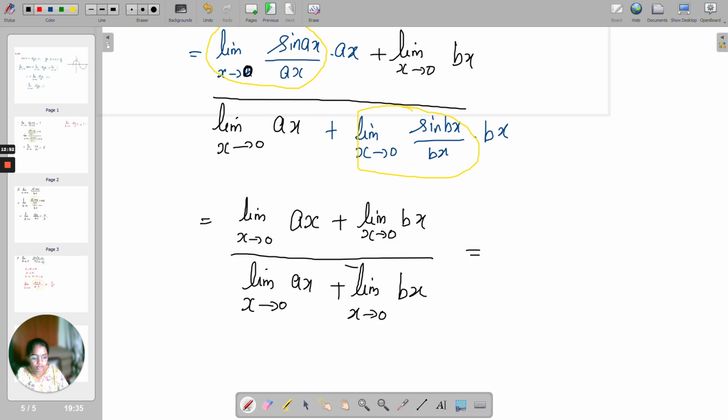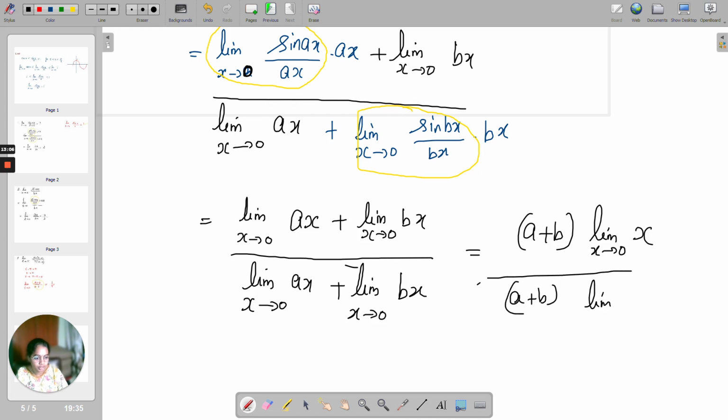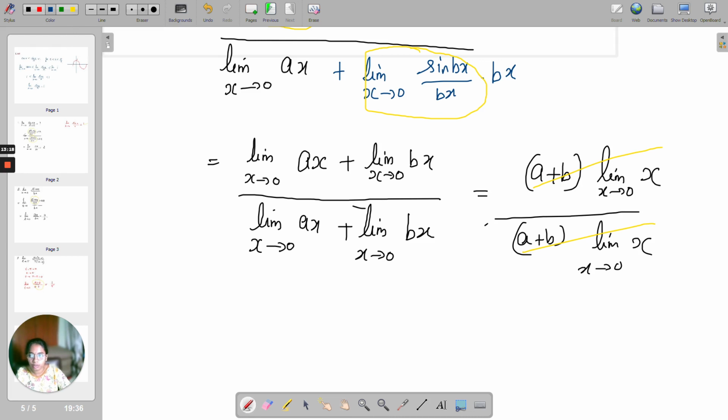I can take out x common. I can write this as (a plus b) limit x tending to 0 x, divided by (a plus b) limit x tending to 0 x. The numerator and denominator are same, it gets cancelled. So your final answer is 1.